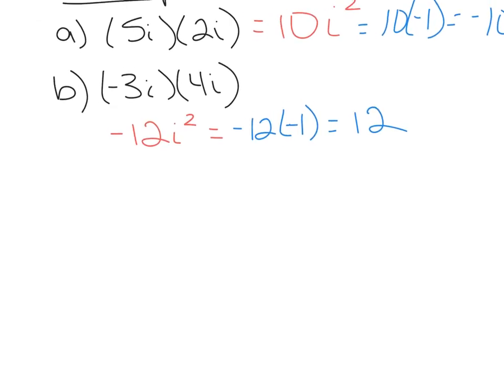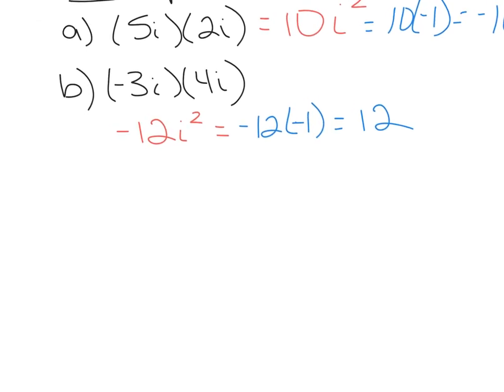For letter C, we have 7i times 1 plus 5i. Now, this is a binomial, or two terms here. This is a monomial. Whenever we have a monomial times a binomial, you distribute. So that's what we're going to do.